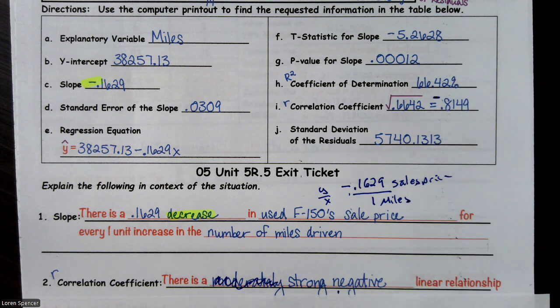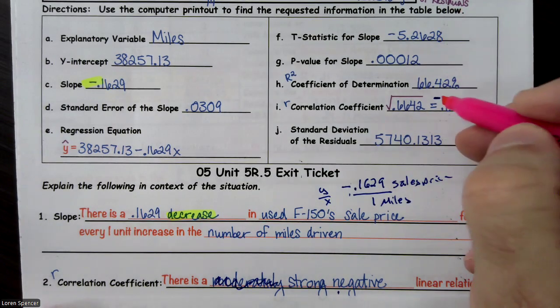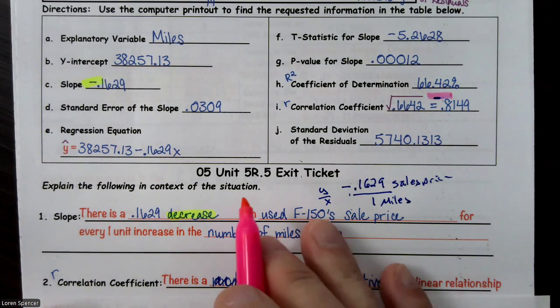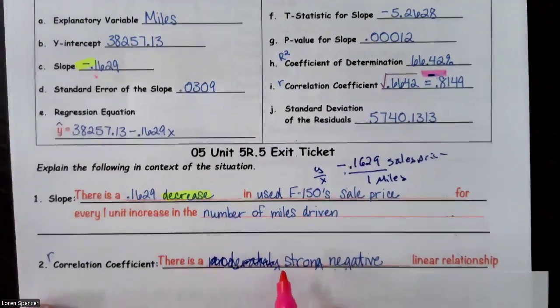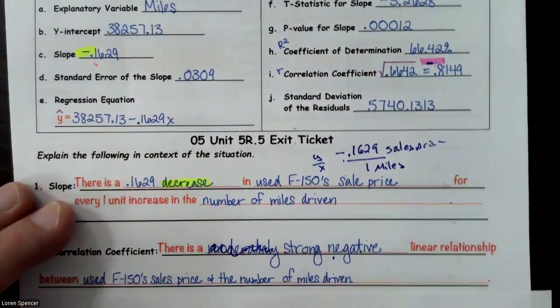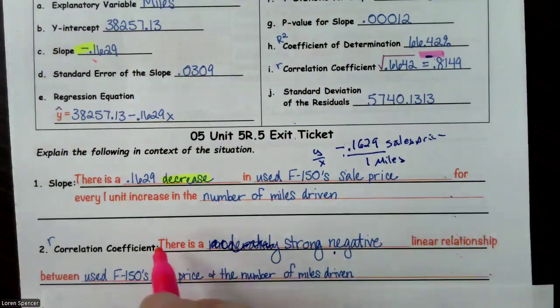And the reason it's negative is because our slope was negative. All right. Up here, our slope was negative. So we have a negative correlation coefficient. There is a strong negative linear relationship between sales price.